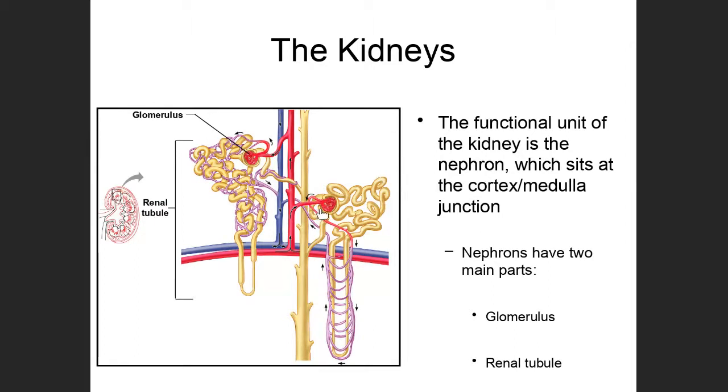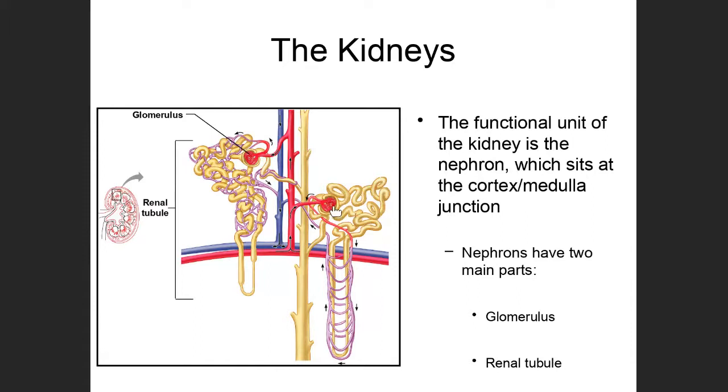So you'll notice kind of surrounding this glomerulus or this capillary knot, we have the renal tubule that almost sits over it, like it reminds me of a Pac-Man mouth eating the glomerulus. And then there's this long twisty tube that's attached to that little Pac-Man part that sits over the glomerulus.